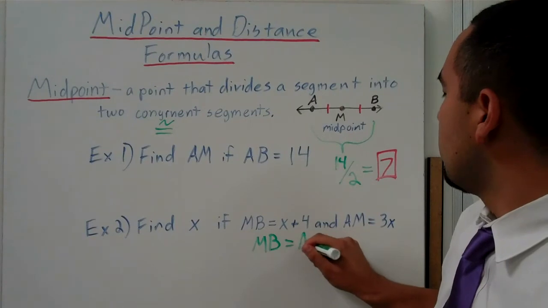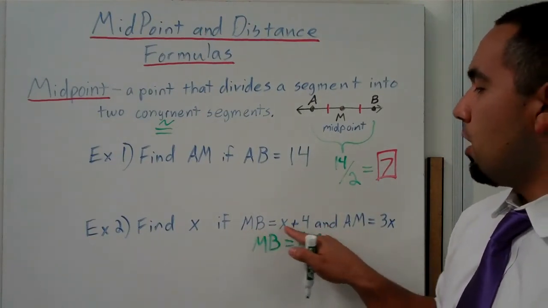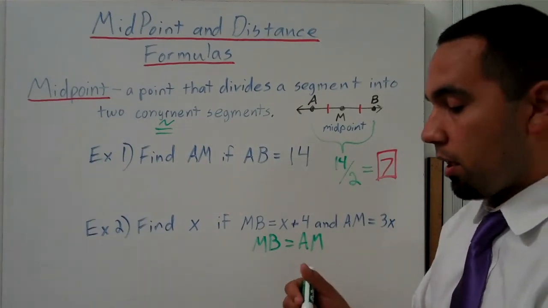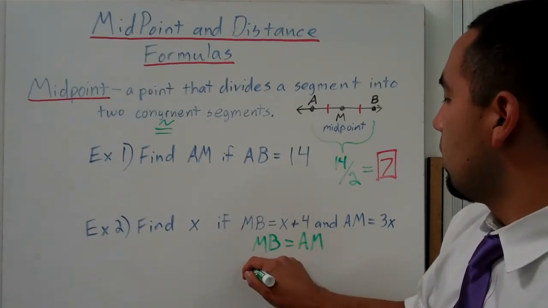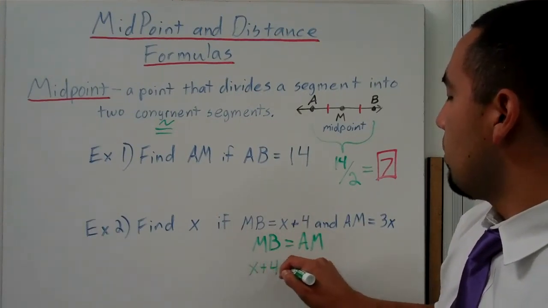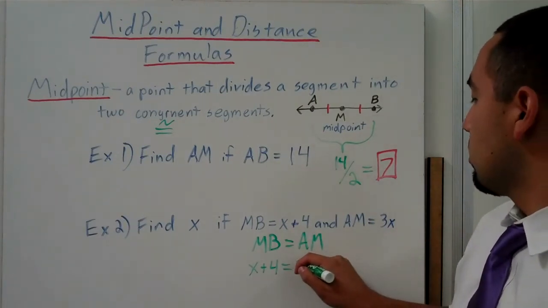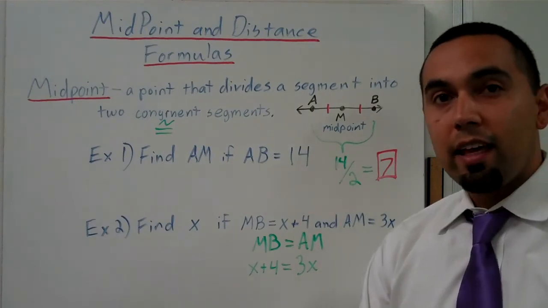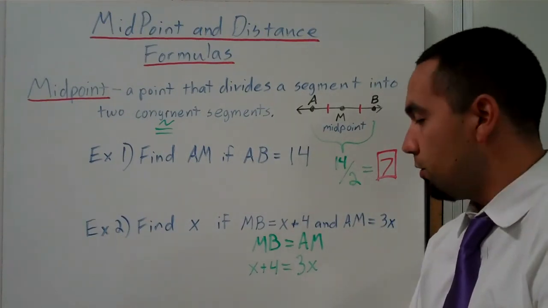I'm going to say MB equals AM. And since I know what MB equals, and I know what AM equals, I can plug those in. So I'm going to plug in x plus 4 for MB, and then 3x for AM. And then all I have is a simple algebra problem, which we should be able to solve.